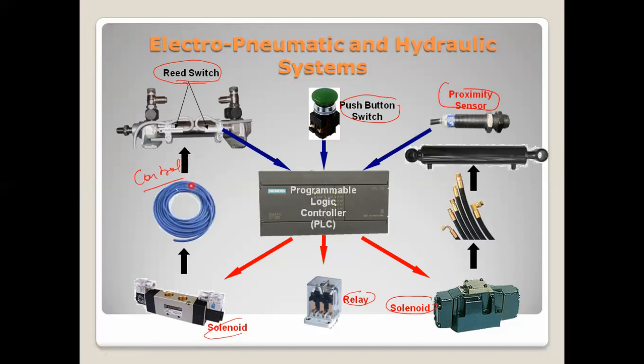Control and distribution can be done through wires for electrical distribution, but for pneumatics we'll be using pipes, hoses, and tubes.